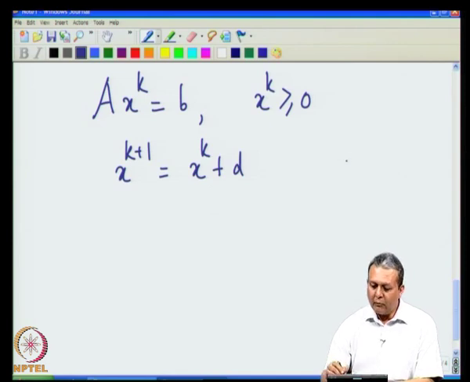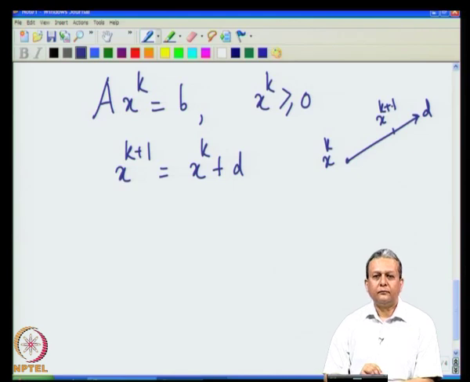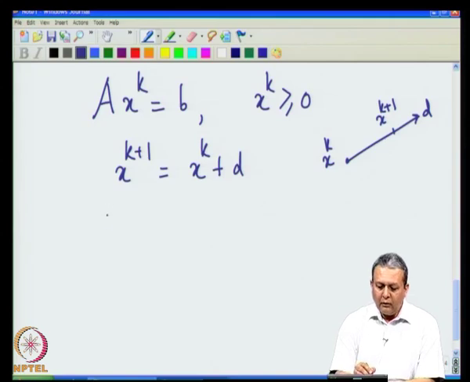So, if we have a point x_k and we have a direction d, we take, suppose, a unit step along this direction to move to the point x_{k+1}. Now, the new point also should satisfy this constraint.